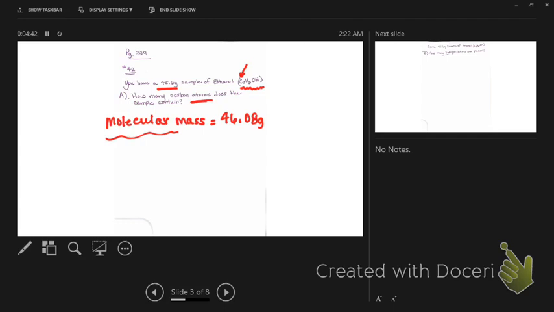Now that we have the molecular mass, we're going to take that mass and change it to molecules of the compound. So we have 45.6 grams. We're going to change it to moles first, remember our mole island. Because I don't have a whole lot of room, I'll just write it above.